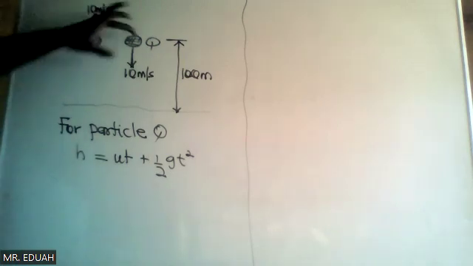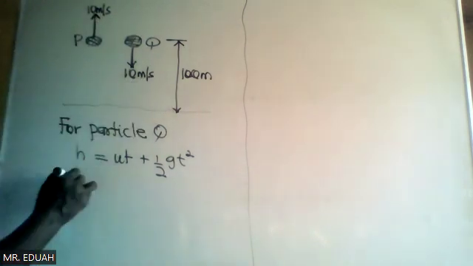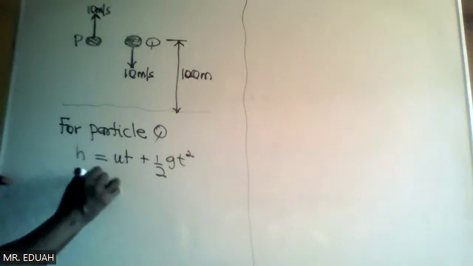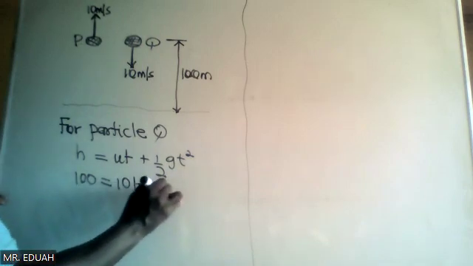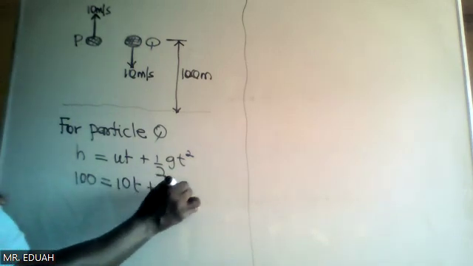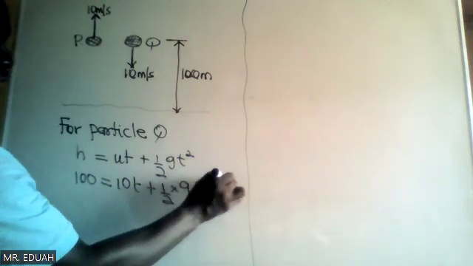To determine the time taken for Q to move from this point to the ground, H is 100, U is 10, T is what we are looking for, plus half by 9.8 times T squared.